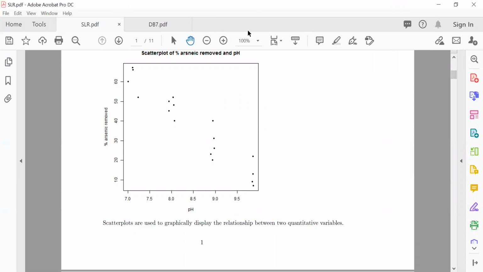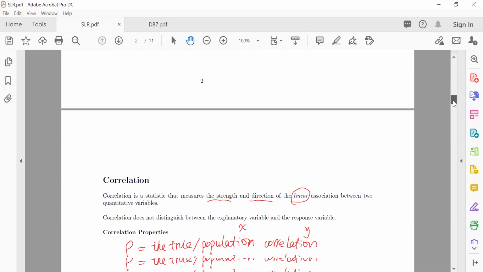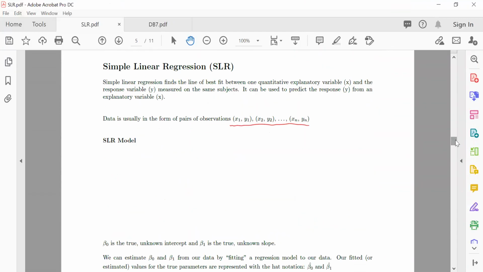And if this scatter plot looks linear, which we may think is pretty reasonable for us to find a linear line as the best description of the pattern of the data, then we will go ahead to do the simple linear regression, which is we are going to find the best fitted line between the variable x and the variable y. Usually the variable x will be the explanatory variable, and the variable y will be the response variable.